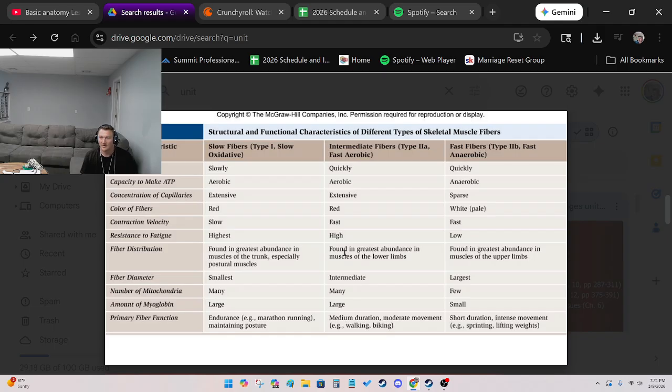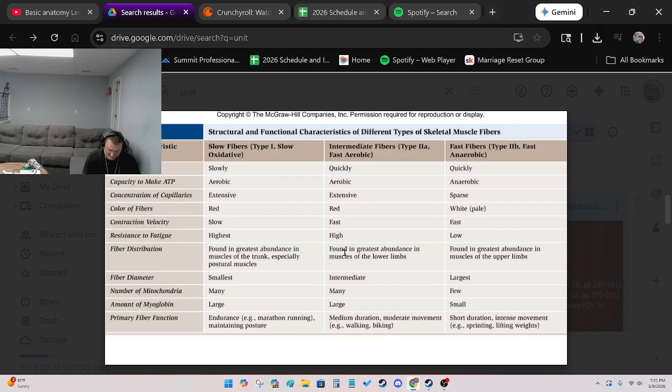Okay, fast twitch, slow twitch, if you've heard this before, or white versus red. White muscle fibers are often the fast twitch muscle fibers, which is anaerobic in nature. Anaerobic meaning it doesn't need oxygen. Aerobic meaning that it uses oxygen.